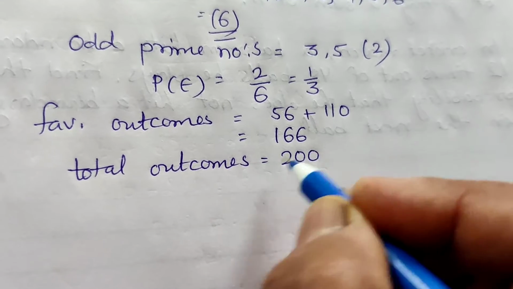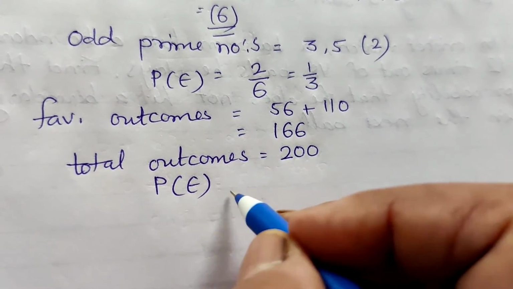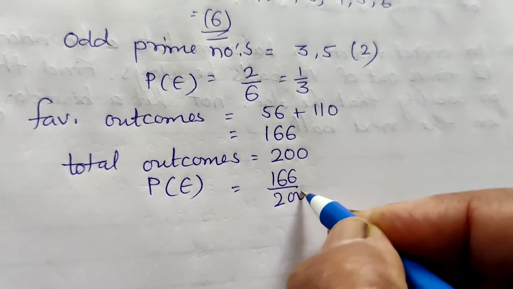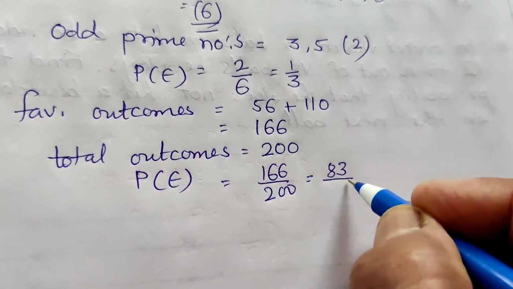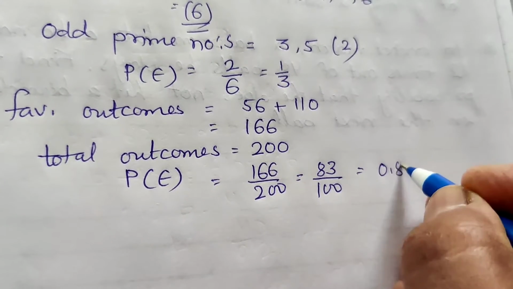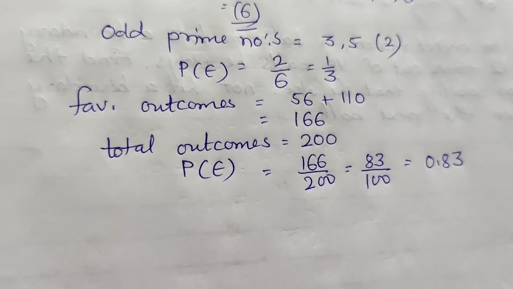Now the probability of getting at least one head is equal to 166 by 200. Okay, now cancel, 83 by 100. And we can also write 0.83. Okay, next question number 4.